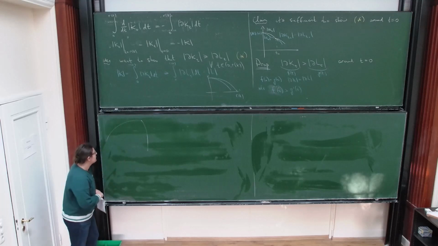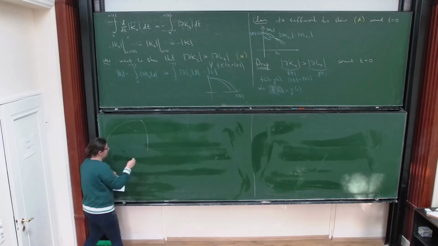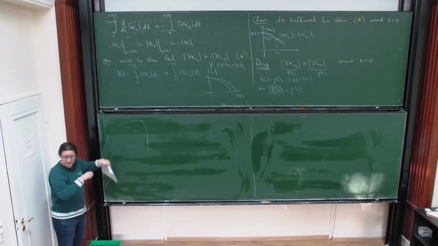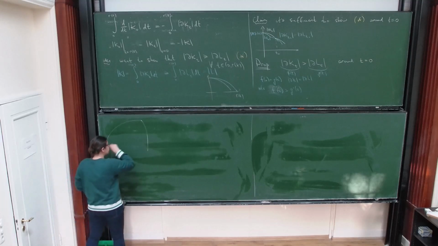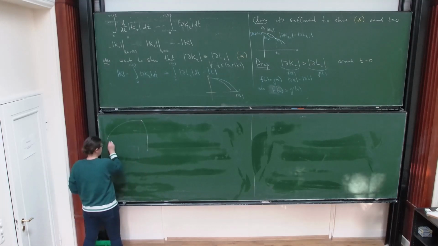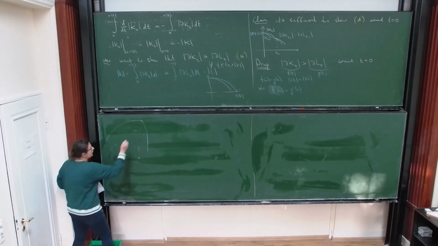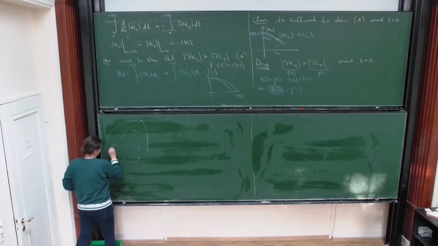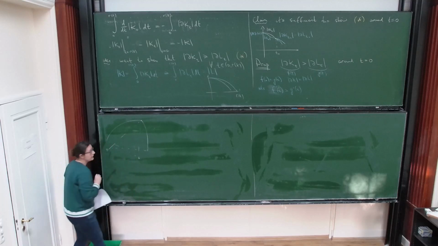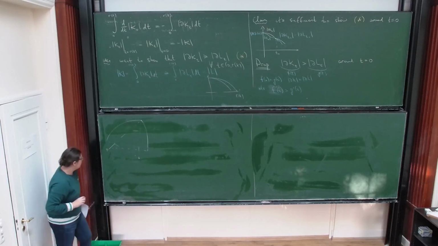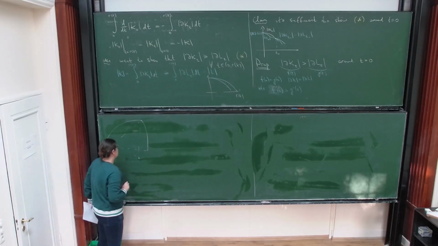Let's focus on the situation where two such arcs meet. So this is the arc of one circle, with its center somewhere. This is the arc of another circle, its center also somewhere. All the circles of radius 1.